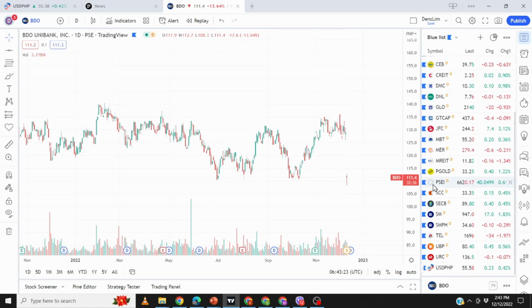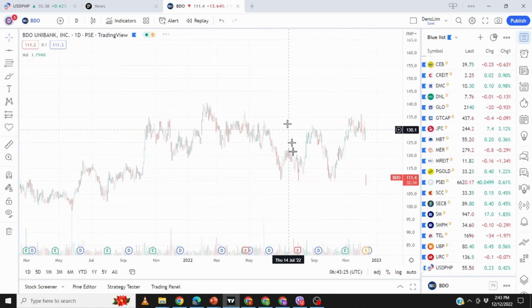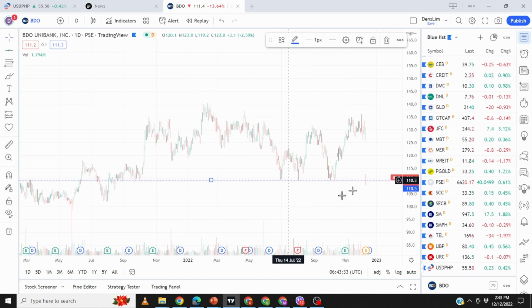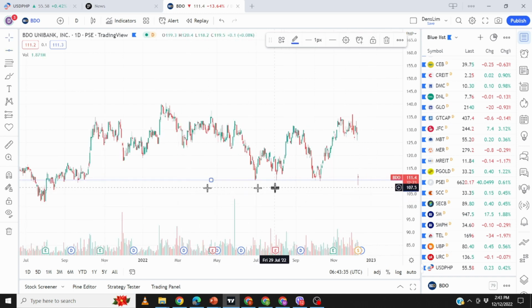Okay, so let's look at BDO's chart here. So horizontal line, we can already see that at this price level around 110.50, right? 110.50, there's a strong support there. See, since 2021, that level has held, no?